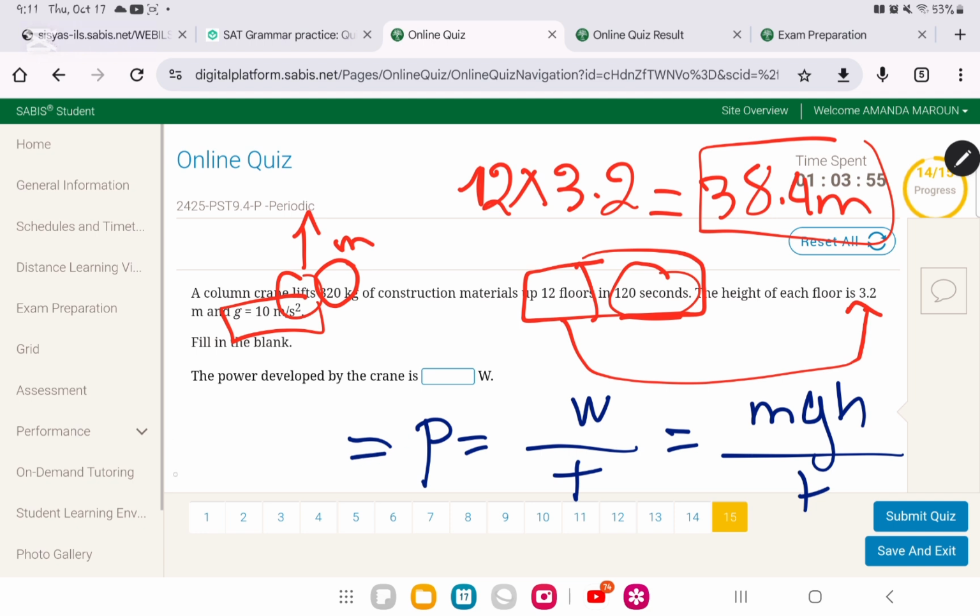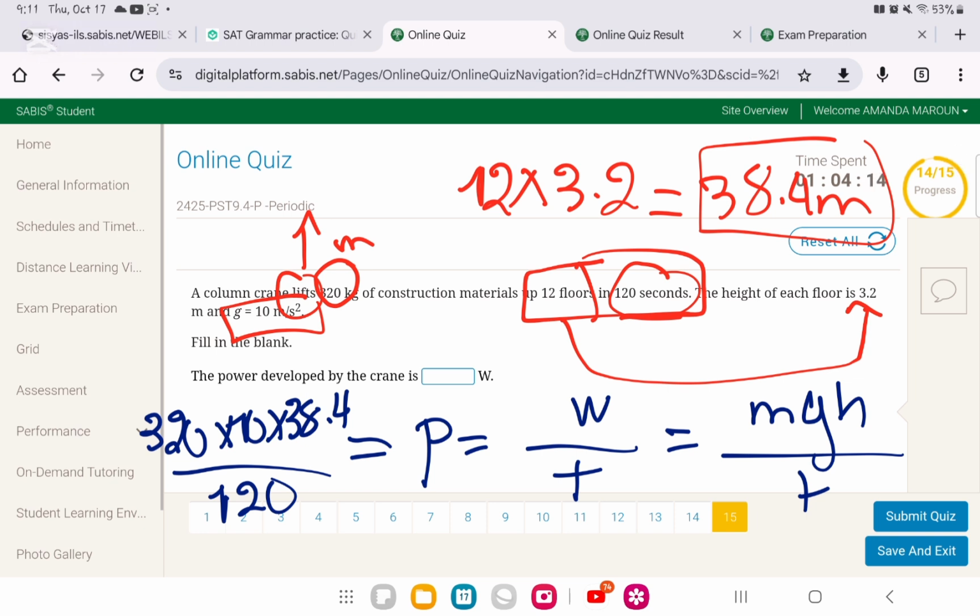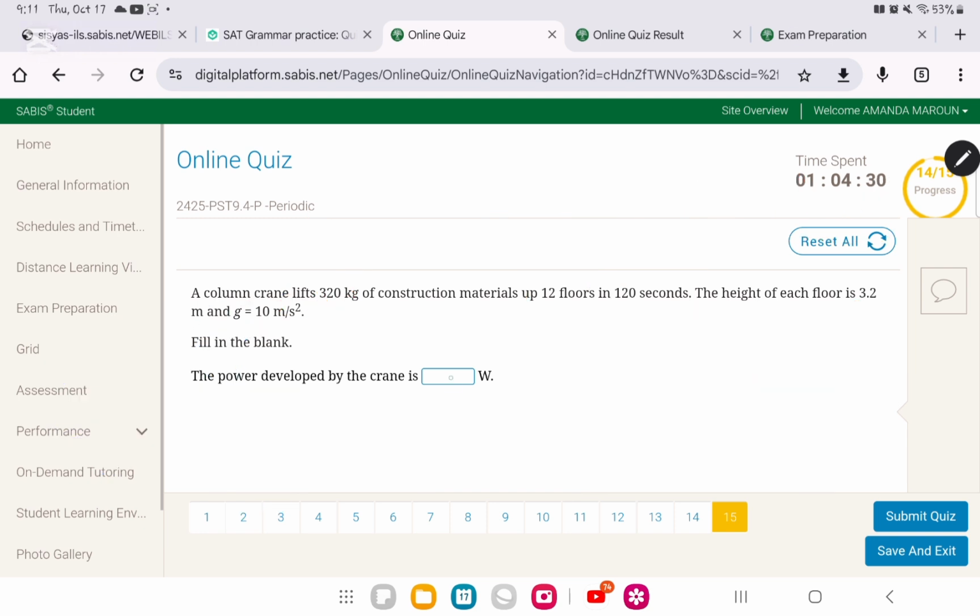If you substitute it, it is going to be 320 times 10 times 38.4 divided by 120 seconds. So let us do it together. Then we are going to get 1024 watts.